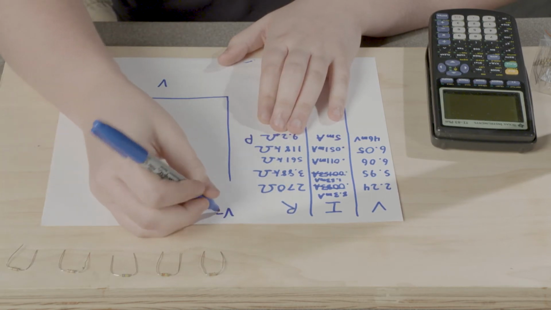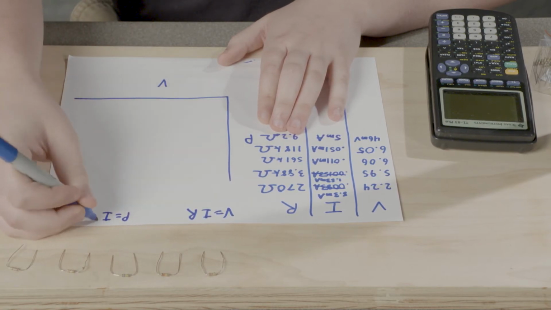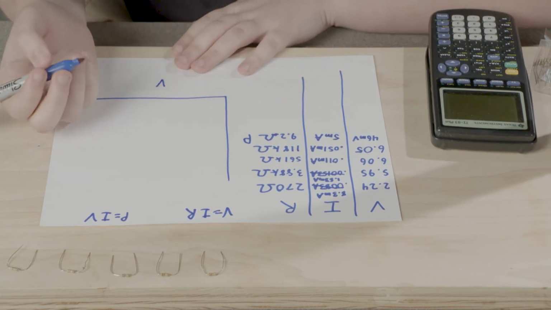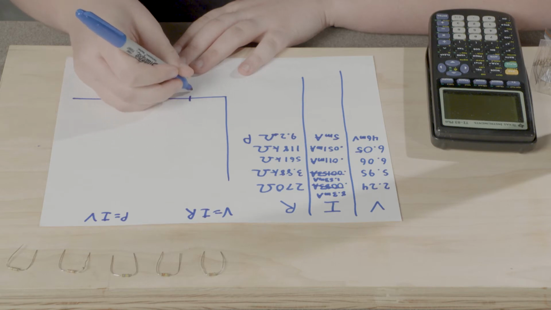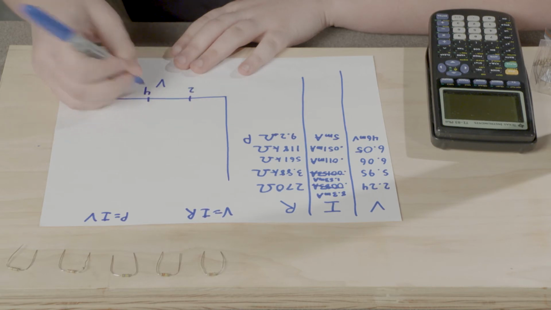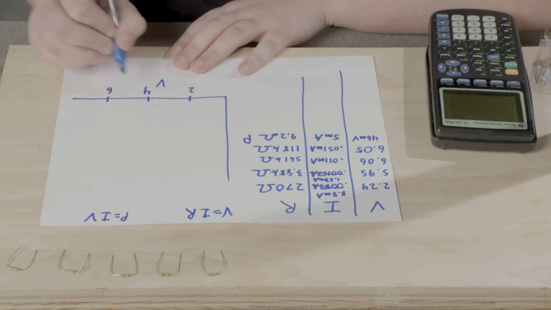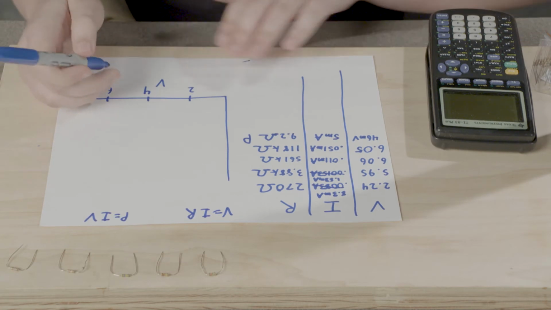And of course, we have V equals IR, P equals IV, right? So let's break this down into 2s, 4, 6. So each one is 2 volts, 4 volts, 6 volts. And we'll see about the power.